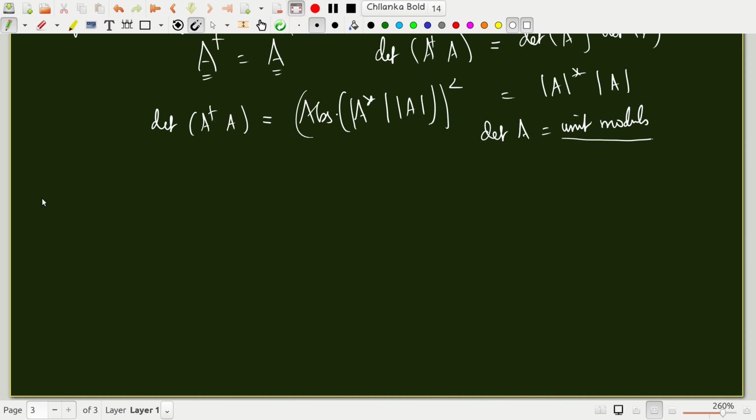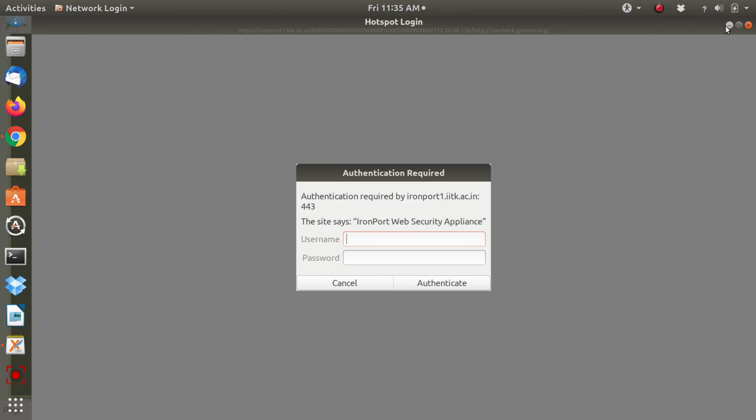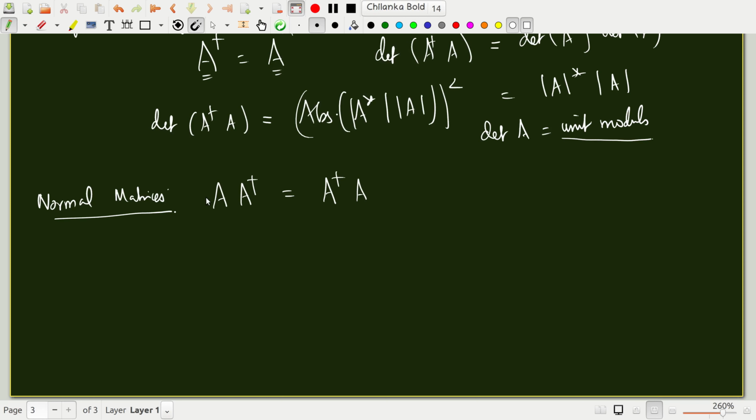Another important class of matrices are called normal matrices. A normal matrix is one in which a matrix A commutes with its Hermitian conjugate, that is A A dagger is A dagger A. In general, you know that if I multiply two matrices, they don't commute.